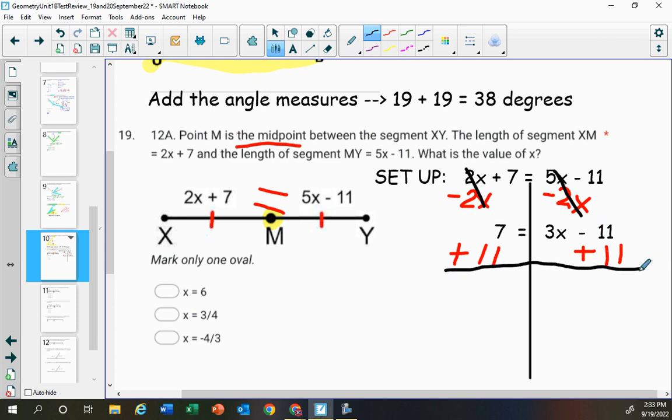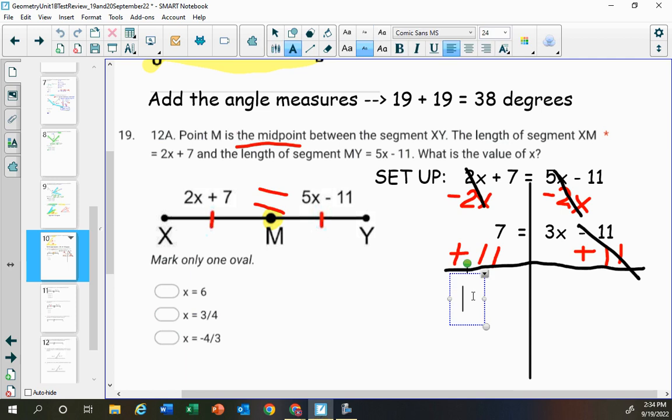Negative 11, positive 11. What happens? Do we keep them or do they go away? What's 7 plus 11? It's 18. 18 equals 3x.